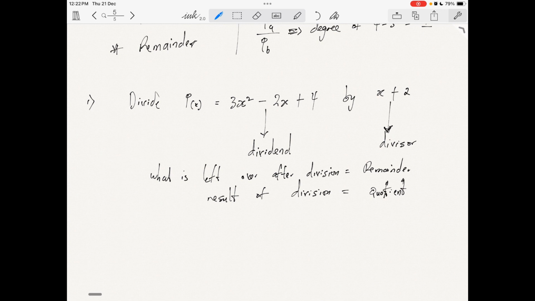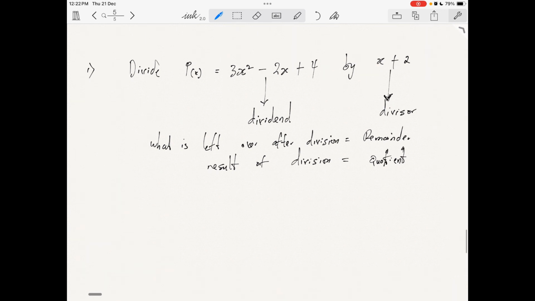And let's make it plain: dividend is what we are dividing, and divisor is what we are dividing with.